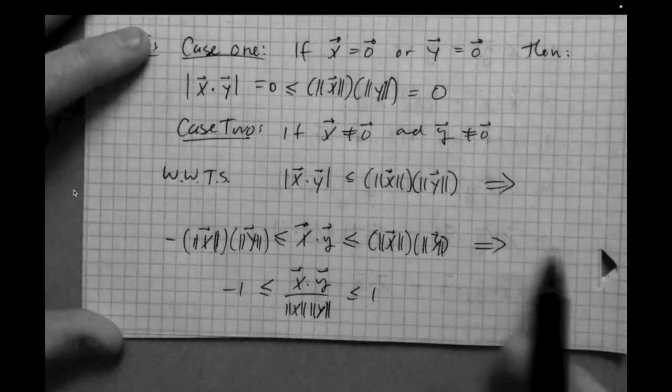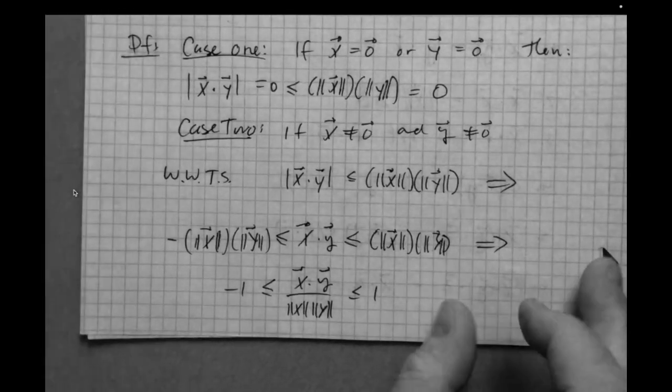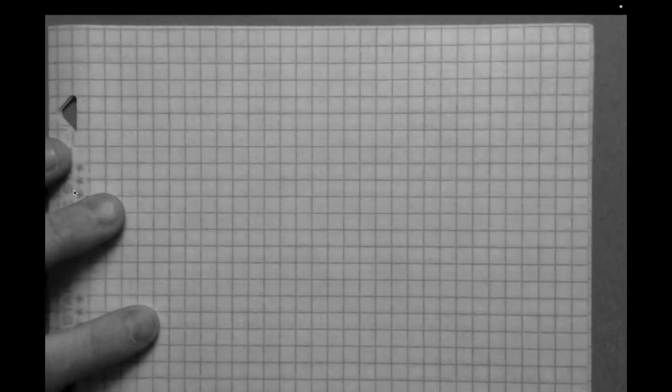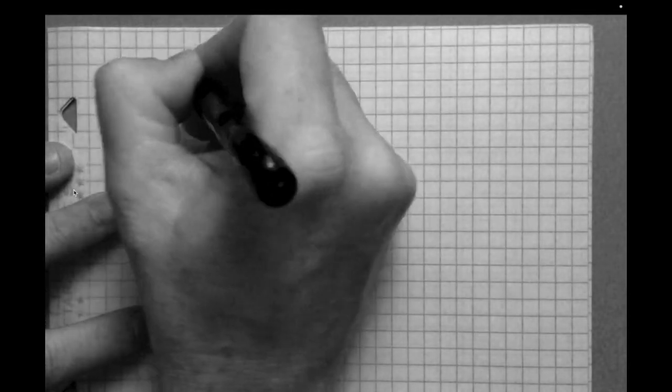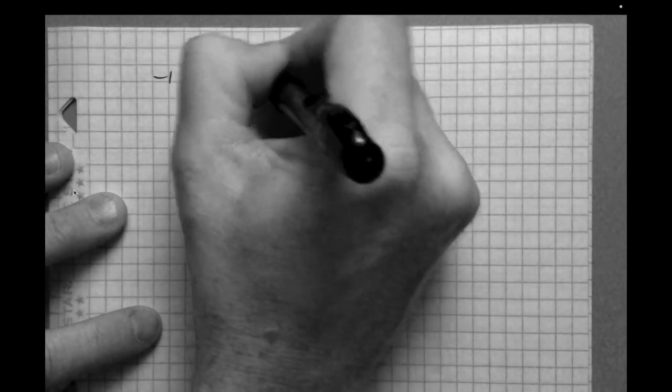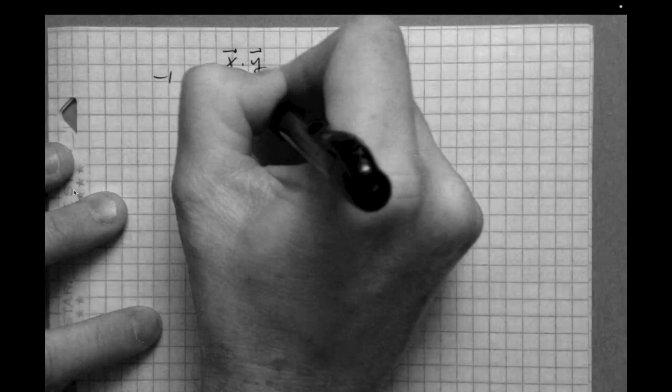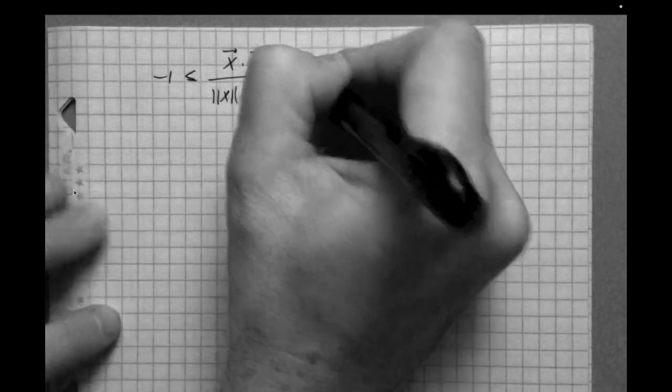So this is true if and only if that is true. Okay, and so let's move on here. Hold on one second, let me switch my page here. Okay, so negative 1 is less than or equal to x dot y over the product of the norms, which is less than or equal to 1.